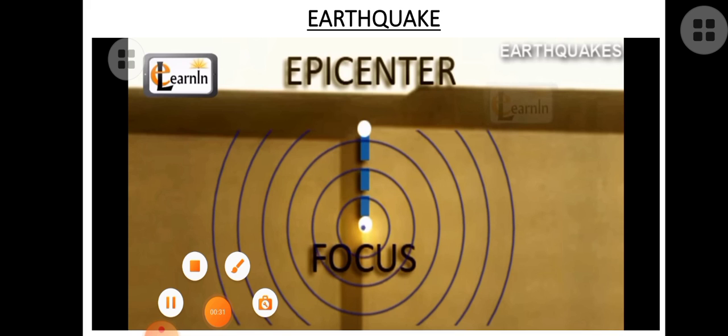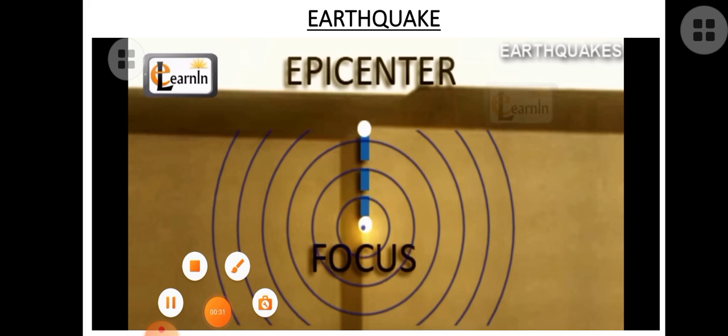In the second one, you could see two plates side by side, they touched and scratched each other. This type we also call an earthquake. First one is colliding with each other, second one is scratching each other, side by side.